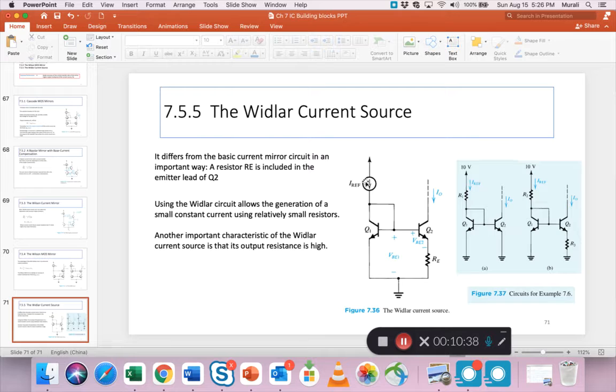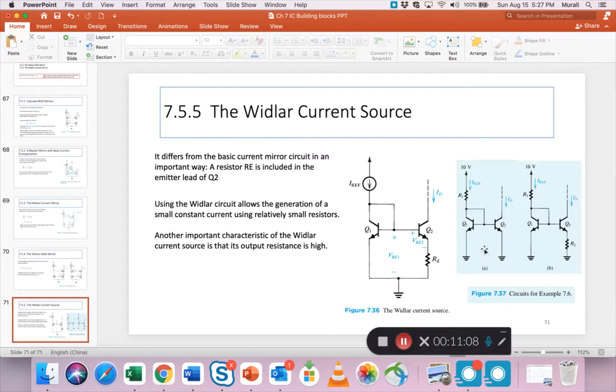But the advantage is that small resistors, when introduced, can help improve, or you're able to implement a current source using small resistors. So using the Widlar circuit allows the generation of a small constant current using relatively small resistors. Another important characteristic of the Widlar current source is that its output resistance is high.